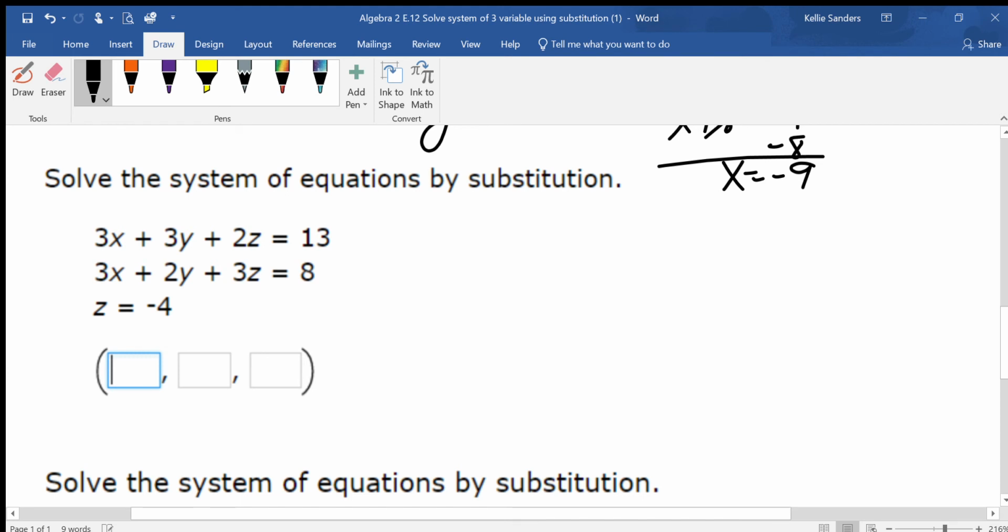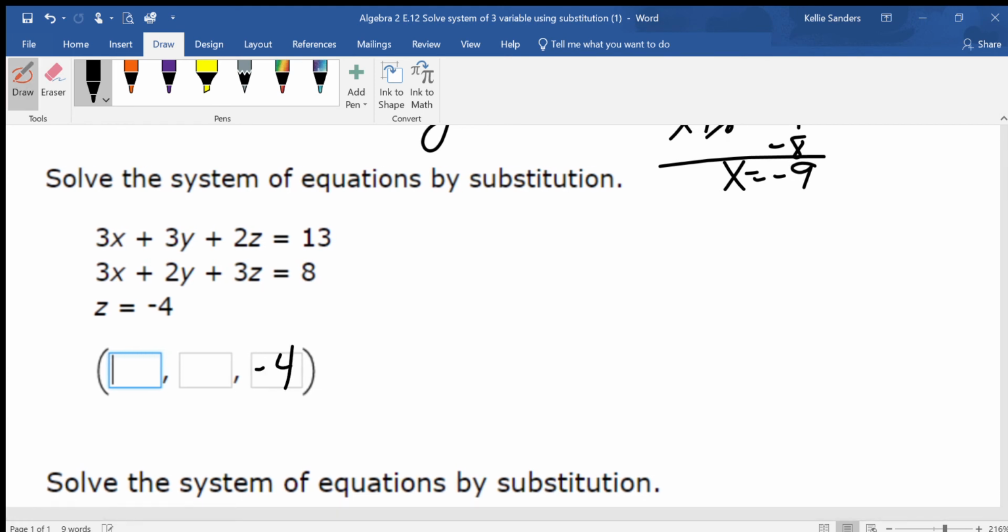They don't always just give you z, but I don't know why these first 3 did. But we used it. Now I'm going to put z into both of these.